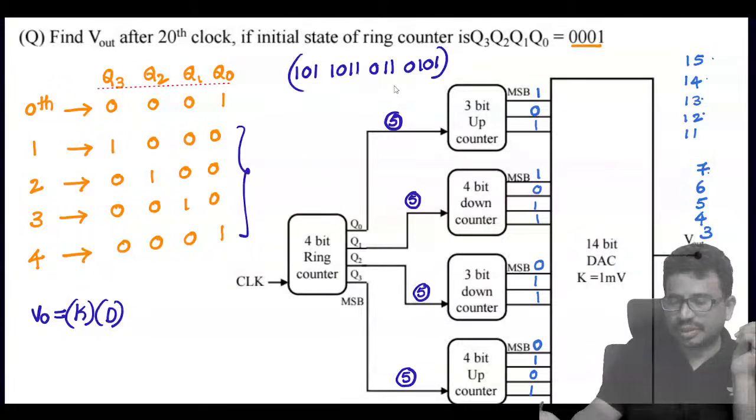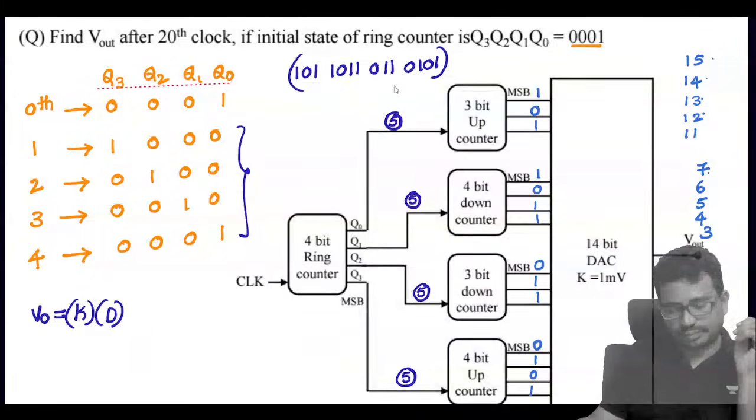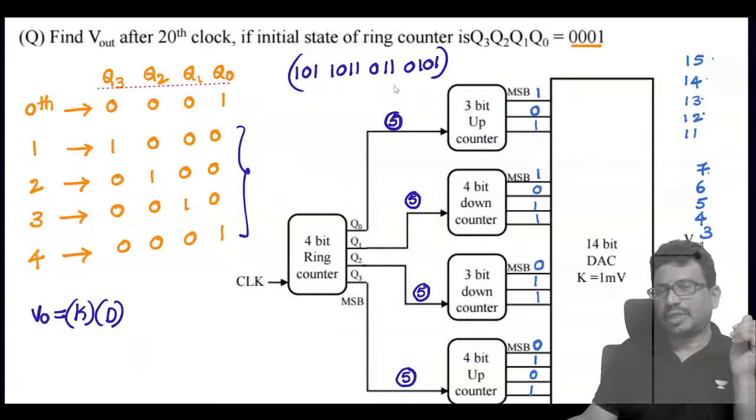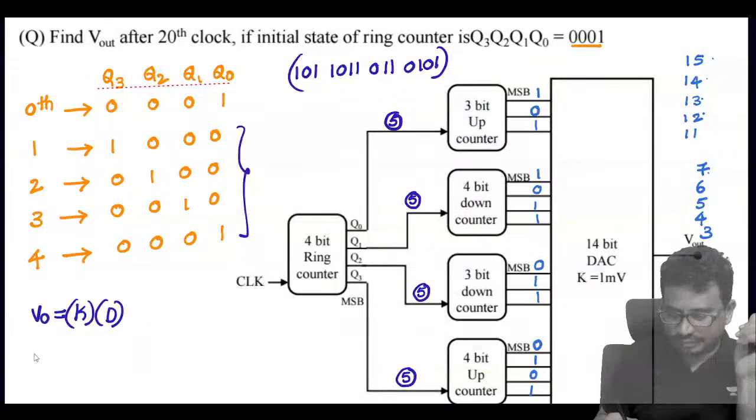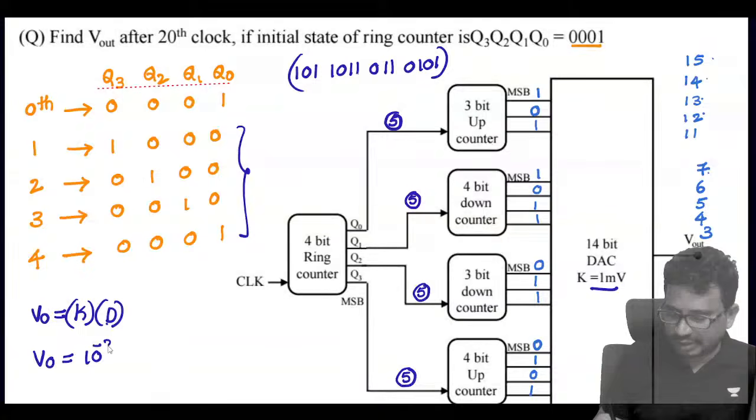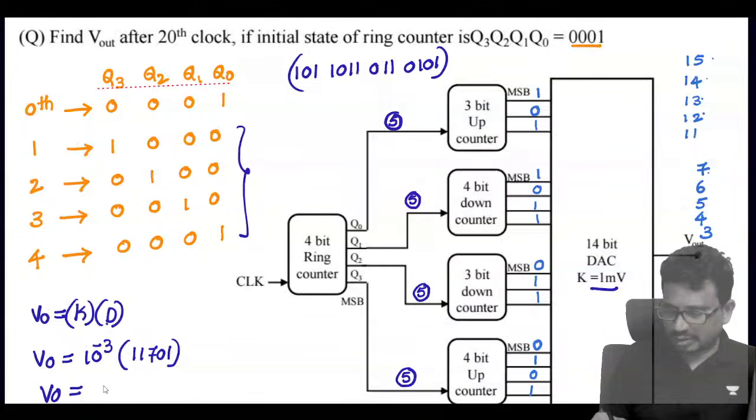This is the decimal equivalent. How much will this value come? K value is 1 milli, so that is 10 power minus 3, and the decimal equivalent is how much? 11701. So V naught value will come to how much now? 11.701 volts.